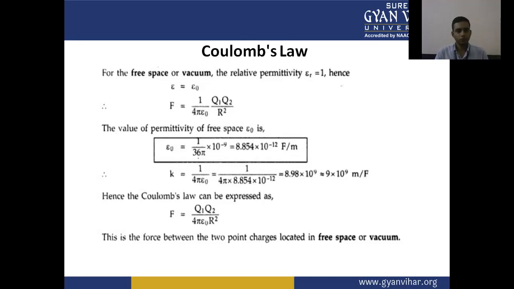This is the force between two point charges located in free space or in vacuum. So this is the important relationship between the charges in free space at distance r and force. So this is all about Coulomb's law.